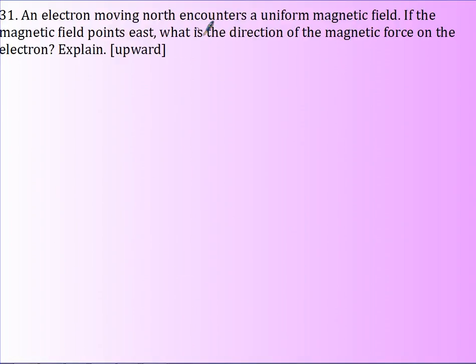Now, an electron moving north encounters a uniform magnetic field. If the magnetic field points east, what's the direction of the magnetic force on the electron? All right, let's see. Electron. So I know whatever I get, I'm going to flip. Is traveling north. So the velocity is to the north. If the magnetic field points east, so B is east. All right, because remember there's north, south, east, west.